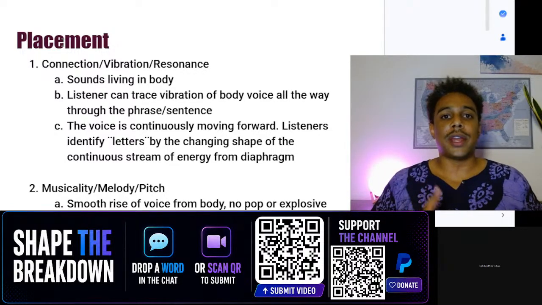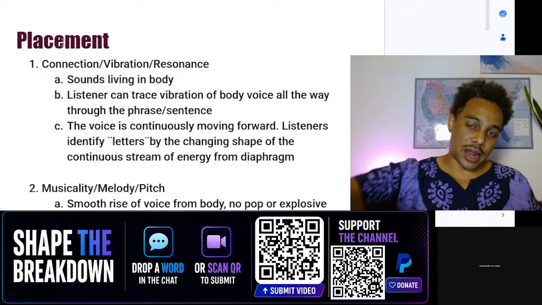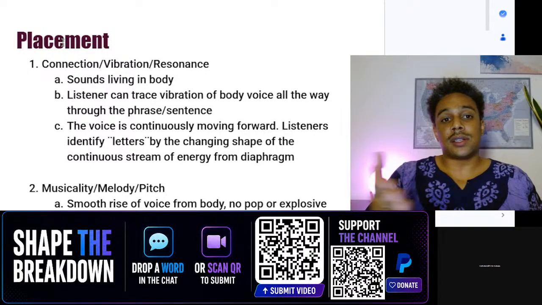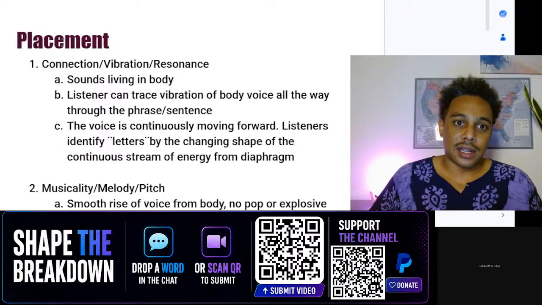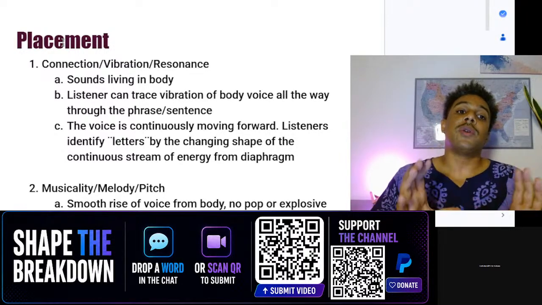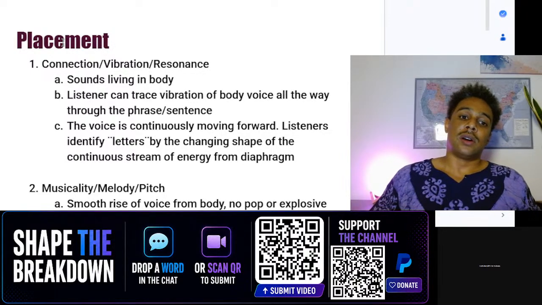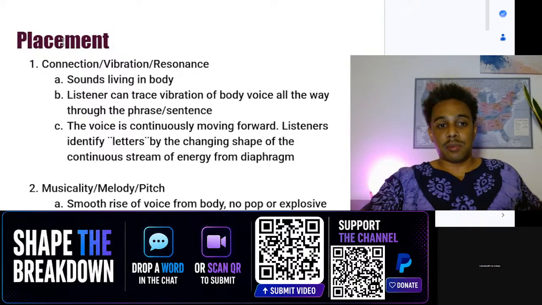There's not just one thing you can say, okay, if you do this, then it's placement. There's a collection of things that together combined give you a natural placement the whole time you're speaking.